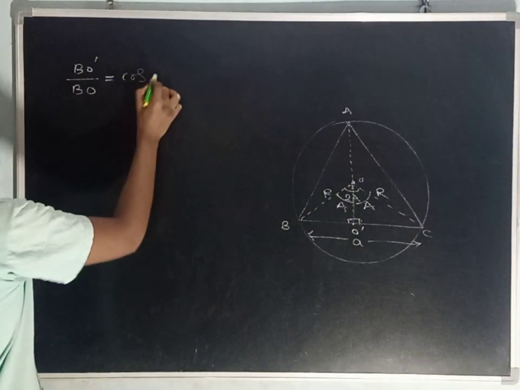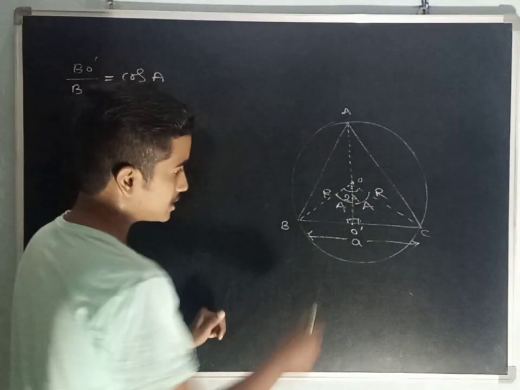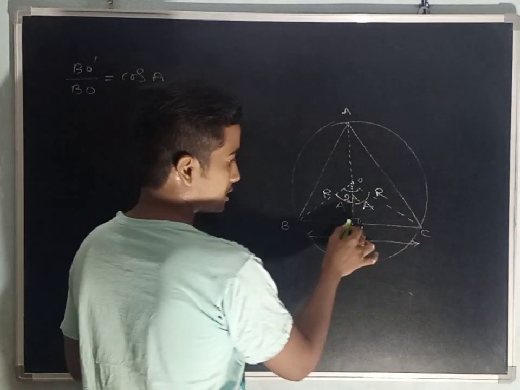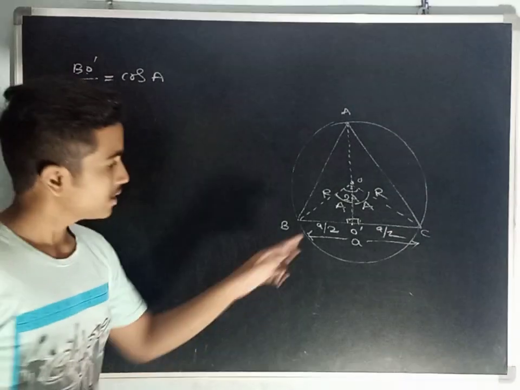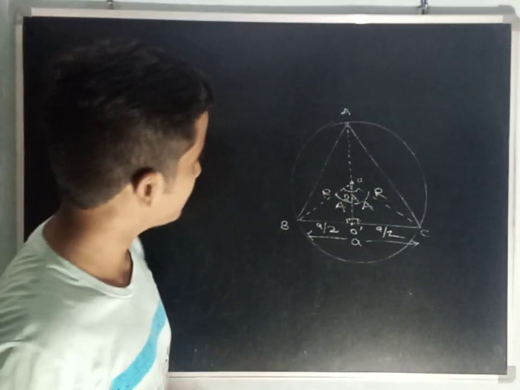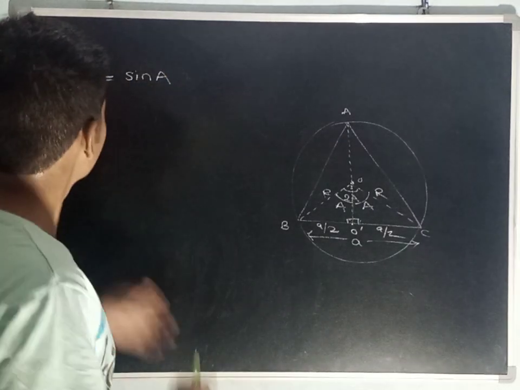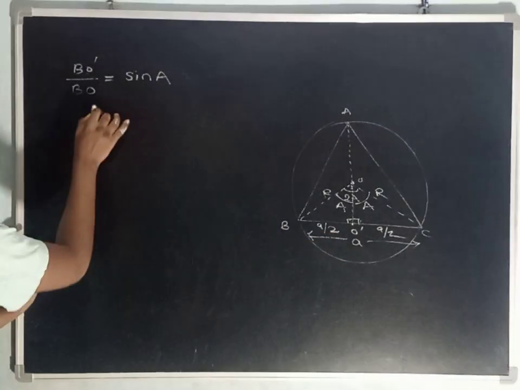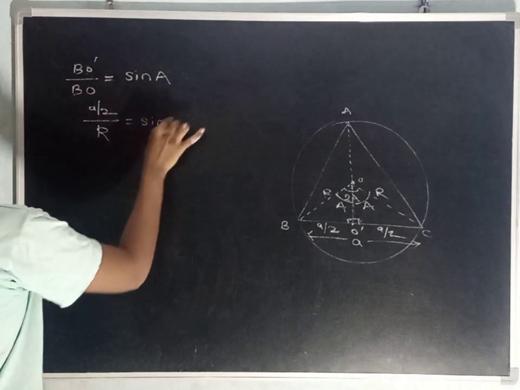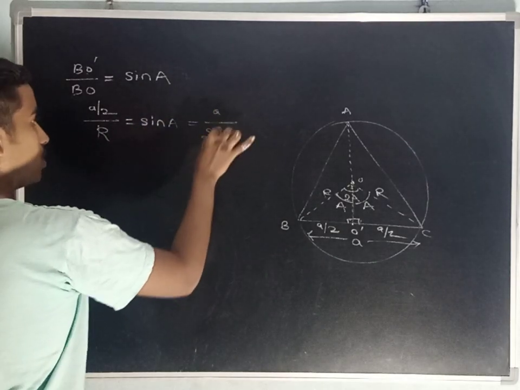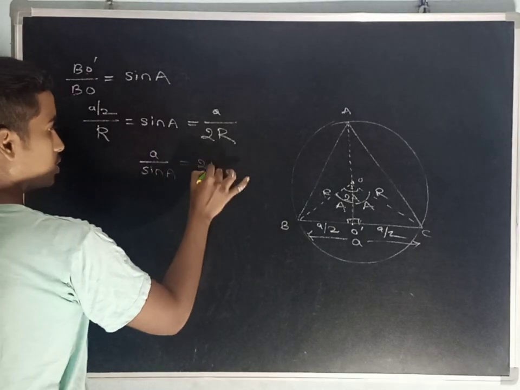Perpendicular by hypotenuse is sine A. As these two triangles are congruent, BO dash is nothing but a by 2, and BO is nothing but R. So a by 2 by R is equal to sine A, which gives sine A equal to a by 2R. From this we can say that a by sine A is equal to 2R.